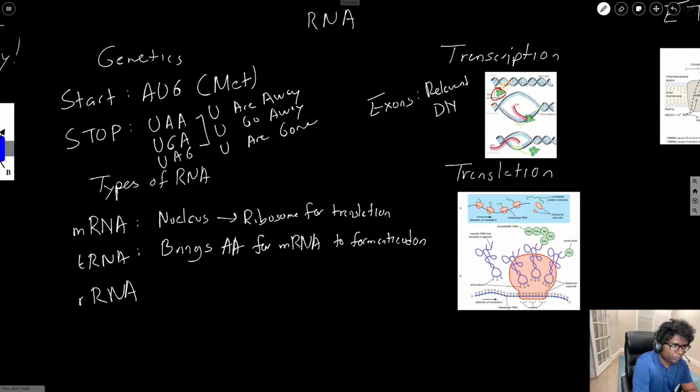These are usually ones that will be coding for something. Introns are the ones that are spliced out. They add a poly A tail to the 3' end just to know that the transcription is done and can be sent out to translation.